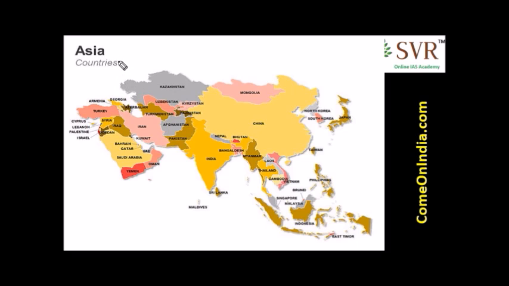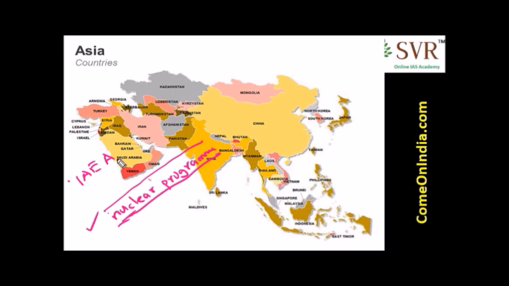Western countries imposed economic sanctions on Iran for its nuclear program. About the Iranian nuclear program, we already discussed in our separate video lecture. And recently, agreements were signed between Iran and P5 plus 1 countries.